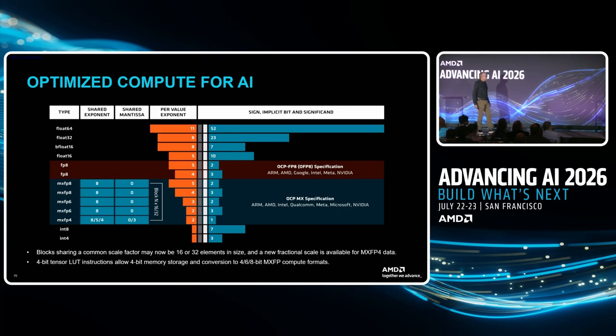Okay, on the numerical formats, just a quick breakdown on those. It's the same basic formats that we had in MI355, with a couple of changes. As Lisa or Dan or somebody mentioned, in addition to MI455, we have another variant of the MI400 series called MI430. And so what we've done in this generation is we have heavily weighted MI455 towards AI performance.